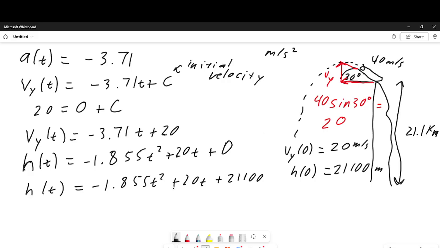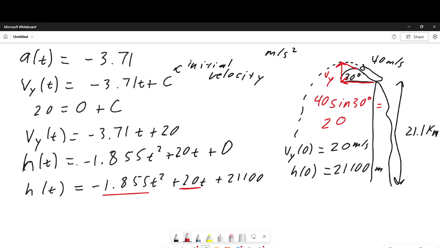If you work through the units, this 1.855 is meters per second squared. You multiply by seconds squared, you get meters. This is meters per second. You multiply by seconds, you get meters. And this is just meters, so it's all meters added together. So that's our function for height at a certain time.